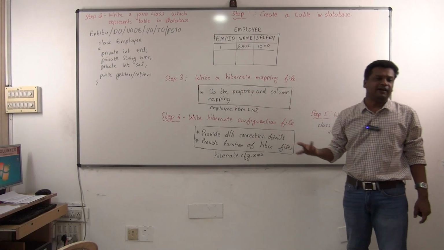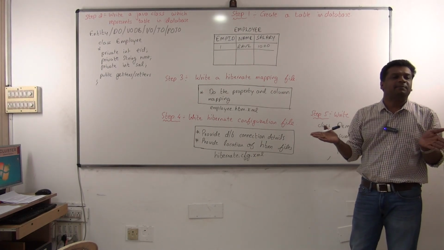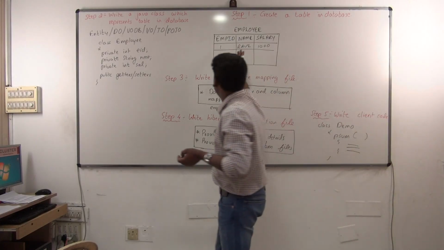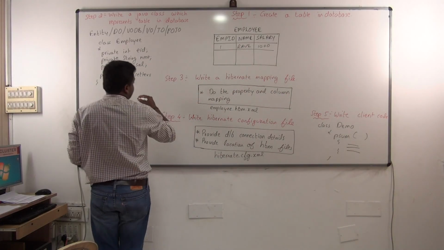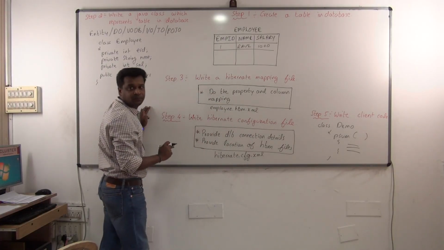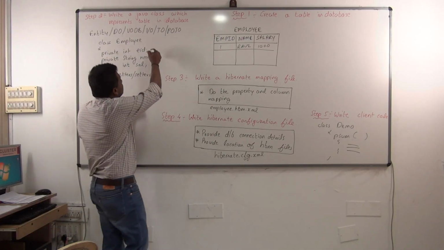Now what do you do in this file? You might have a question. The answer is very simple. We just map the properties with the columns here. You have the properties in the Java class, and you have the columns in the database table. You'll do the mapping. So I've written it very clearly here: do the property and column mapping. With the help of XML, we'll do the mapping. So see this.